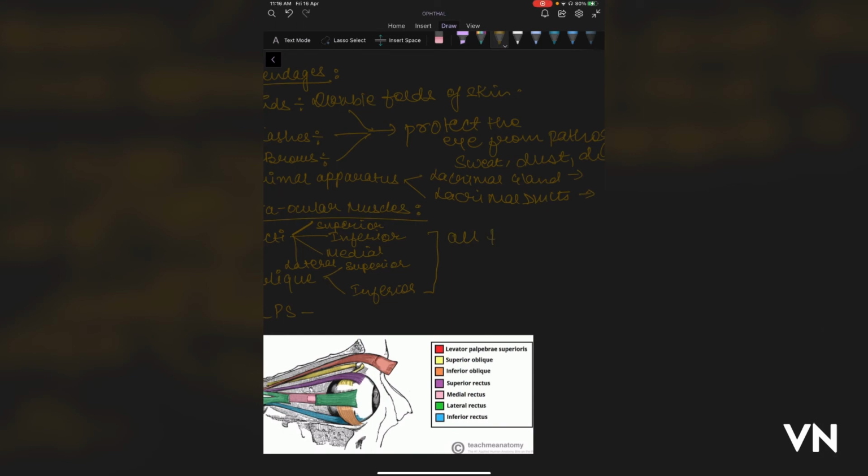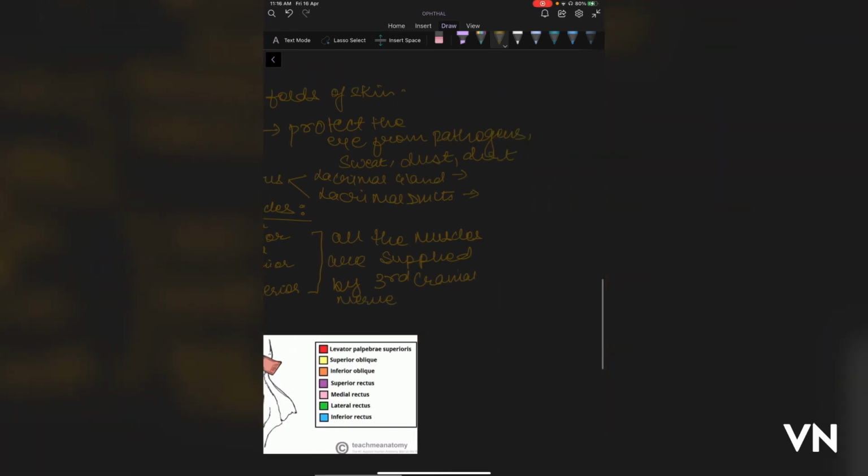All the muscles are supplied by the third cranial nerve. It's LR6 SO4.